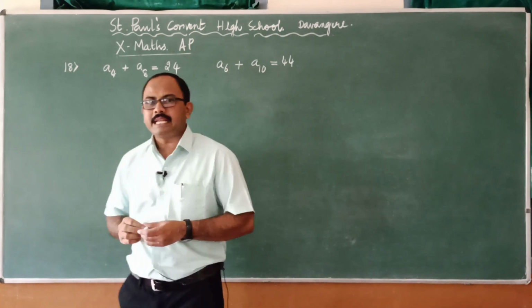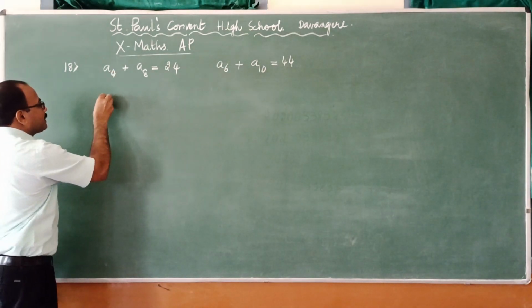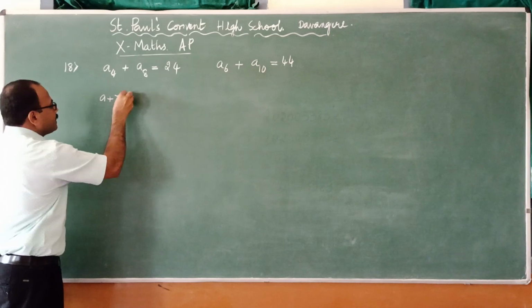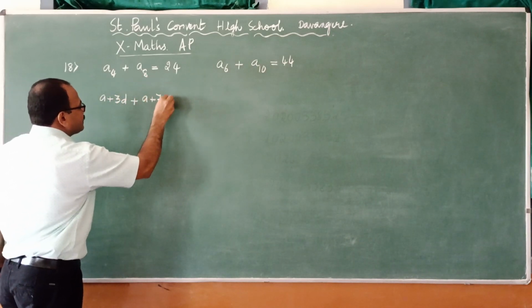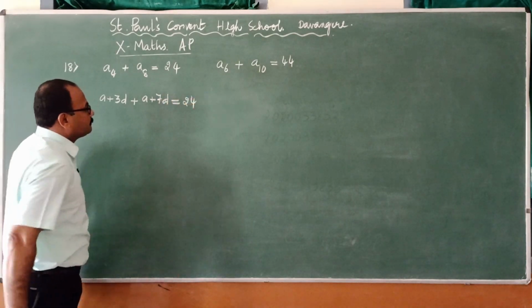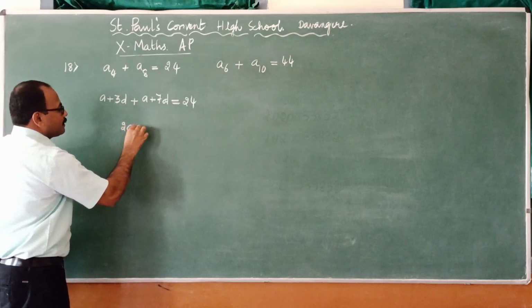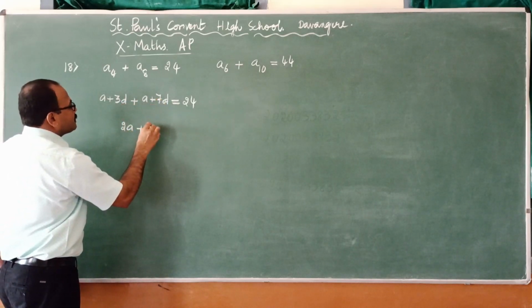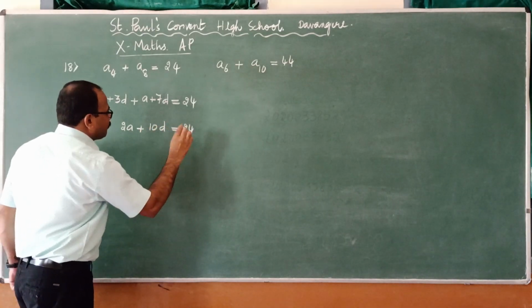It becomes very easy. Let's do it. The 4th term can be written as a plus 3d, plus the 8th term, a plus 7d, equal to 24. Let me simplify. a plus a becomes 2a, 3d plus 7d becomes 10d, equal to 24.